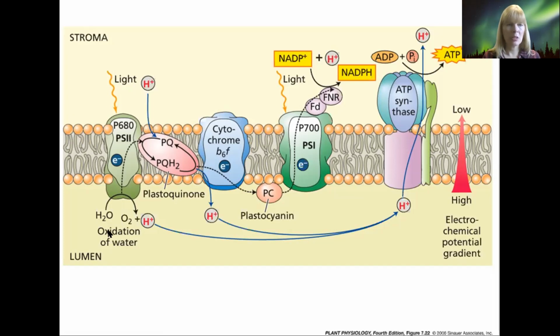So water steps up to the plate, and through the oxygen evolving complex, that's part of photosystem 2, and the absorption of light energy, part of that absorption of light energy also allows the oxygen evolving complex to rip electrons off of water, which is very hard to do. And so the electrons get stripped off, water gets oxidized, and that electron from water replaces the lost electron that the chlorophyll is trying to solve.